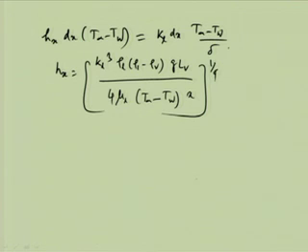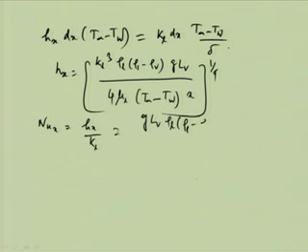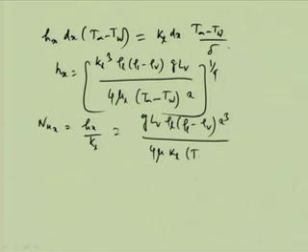And then what we get is Nu x equal to Hx by K L, and that is equal to G LV rho L (rho L minus rho V) into x cube by 4 mu K L into (T infinity minus Tw), and this is whole to the power 1 by 4.